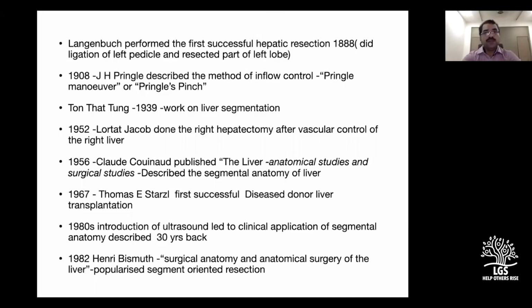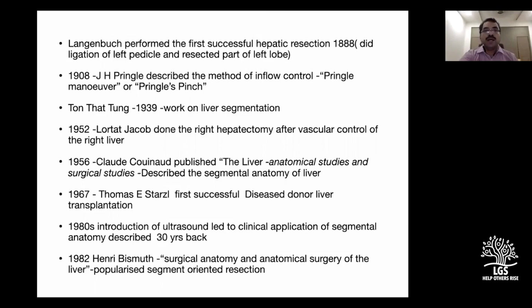Langenbuch, who did the first cholecystectomy, was the first person to do a successful hepatic resection, but interestingly, the surgery was done for benign liver tissue rather than for a tumor.